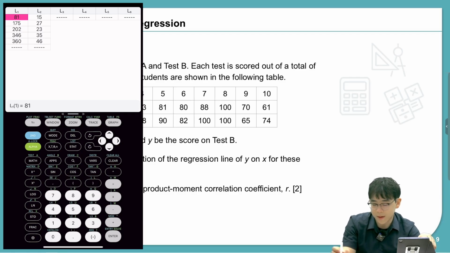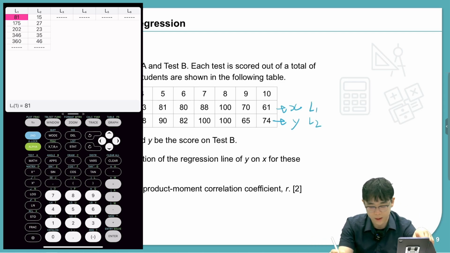So let's put in all the test A scores in the X here, and all the test B scores in the Y, or list 1, list 2, and we should get the same linear regression equation. Then we'll be able to read off the value for R. So let's do that.